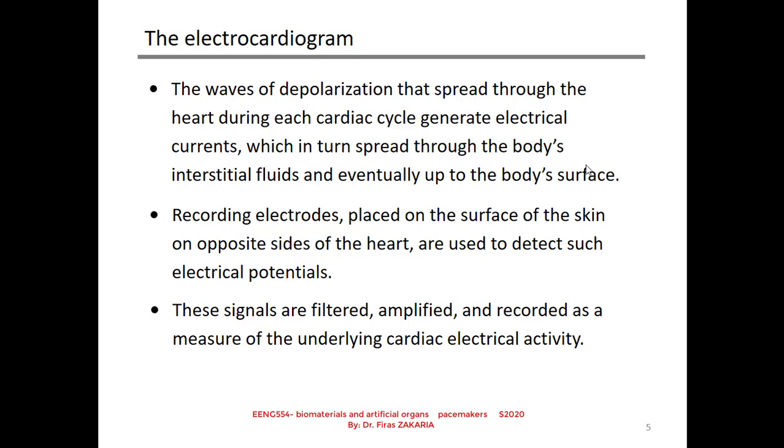We can place electrodes on the skin, on opposite sides of the heart, and these electrodes could be used to detect such electrical potentials and record signals. The signals will be filtered, amplified, and recorded as a measure of the cardiac electrical activity.